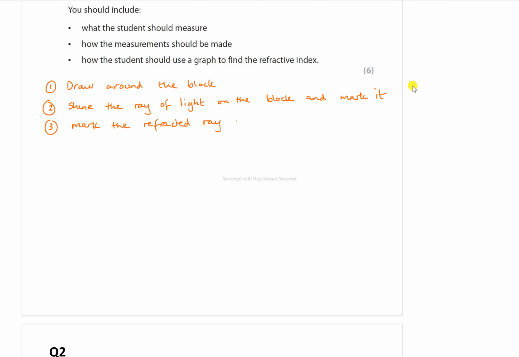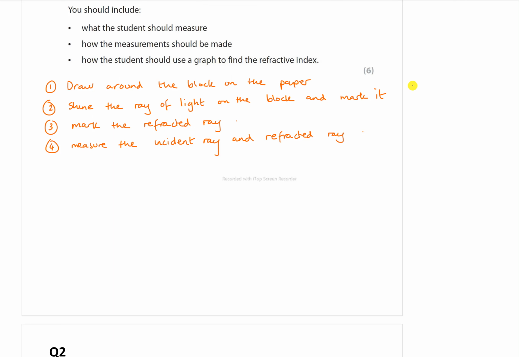Okay, so now what you do is you measure the incident ray and refracted ray. Draw around the block, on the paper.